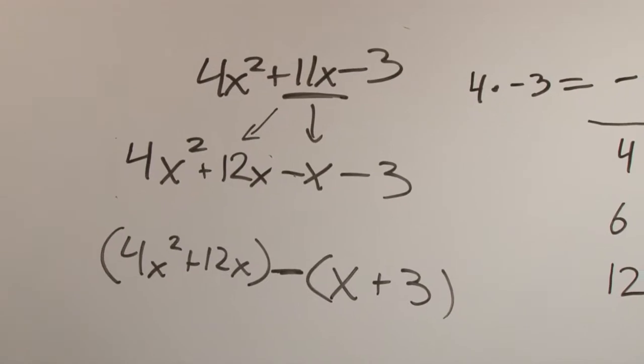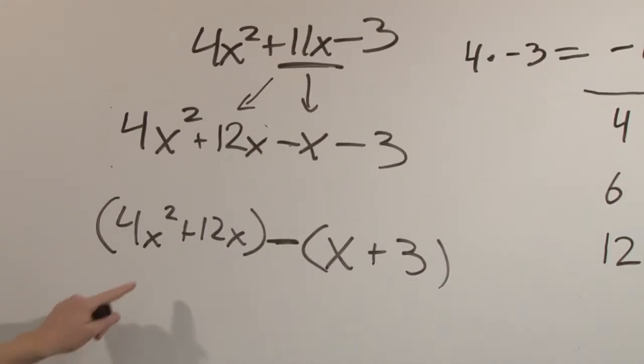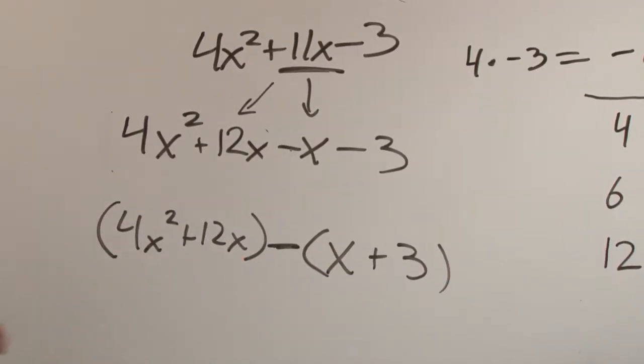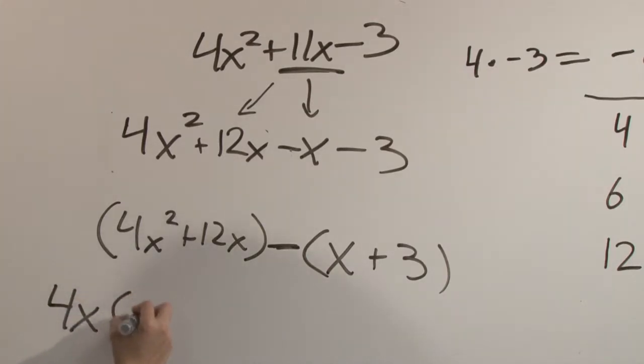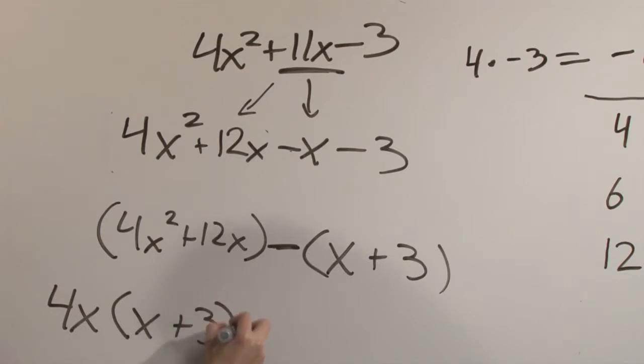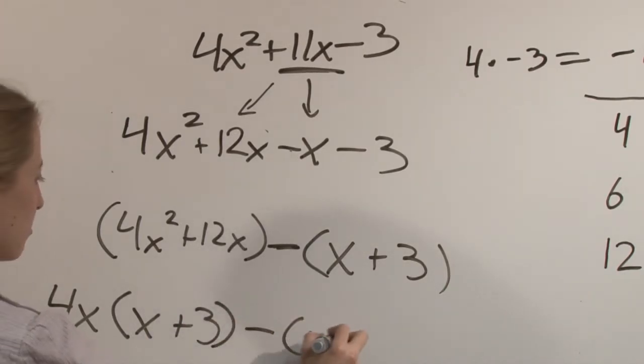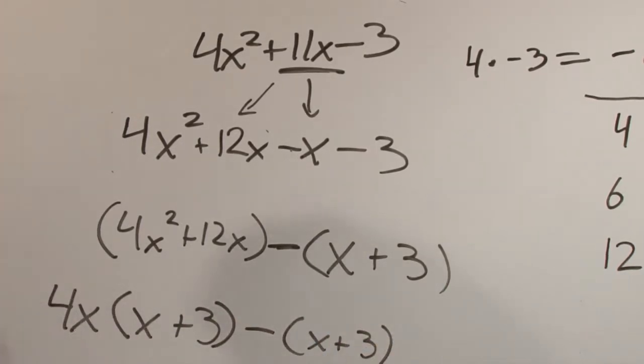4 and 12 are both divisible by 4, and x squared and x are both divisible by x. So my common factor is 4x. Then I have x plus 3 minus x plus 3. You have to be careful when you get to a place like this.